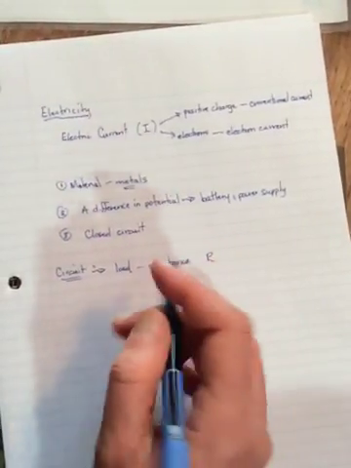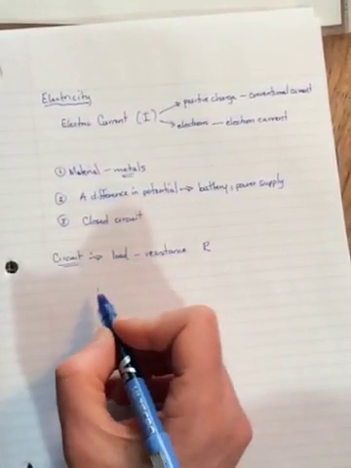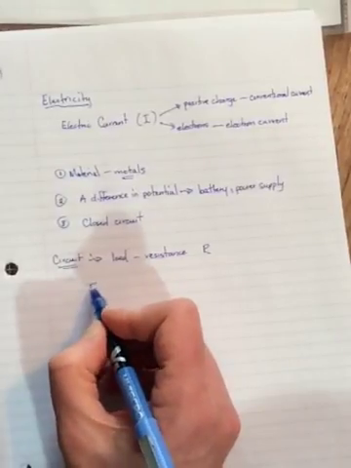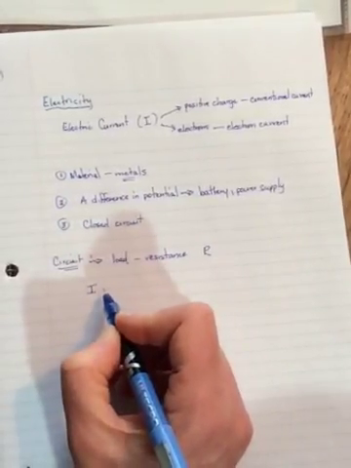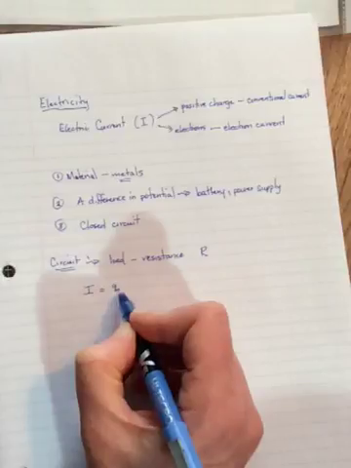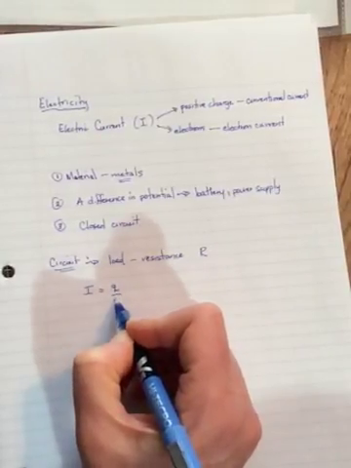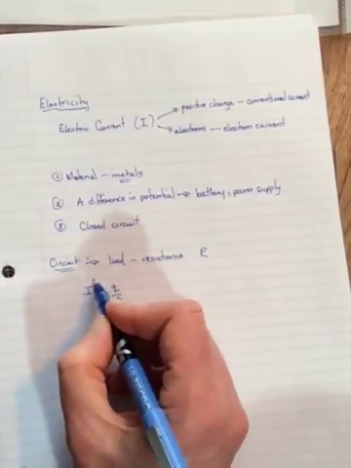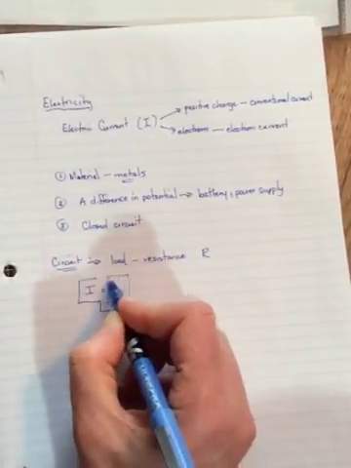So we have a couple of equations from this unit that come up often. One for current, I told you up top, current is capital I, and current is simply how much charge flows by a given point at a given period of time.